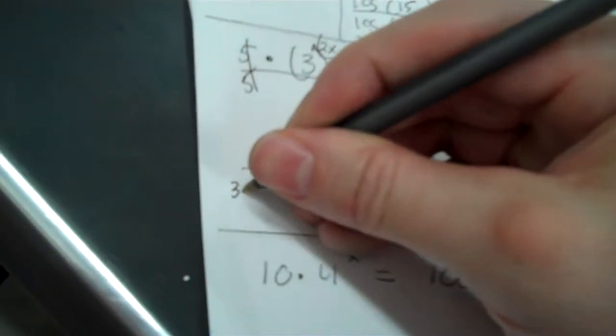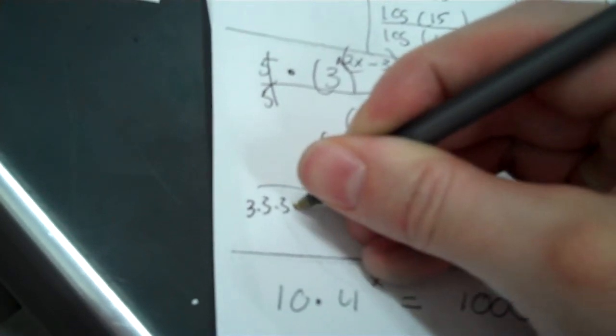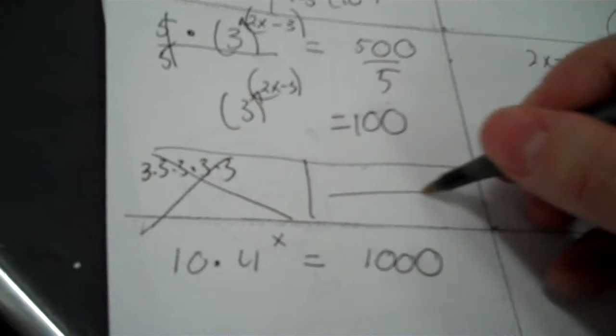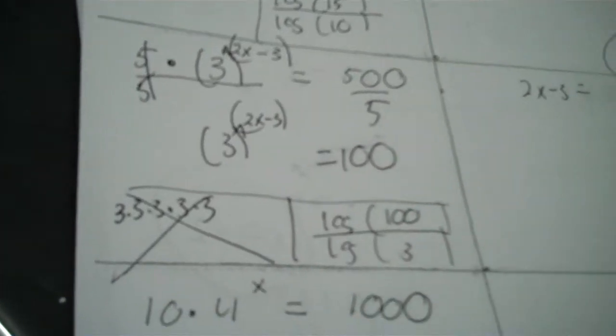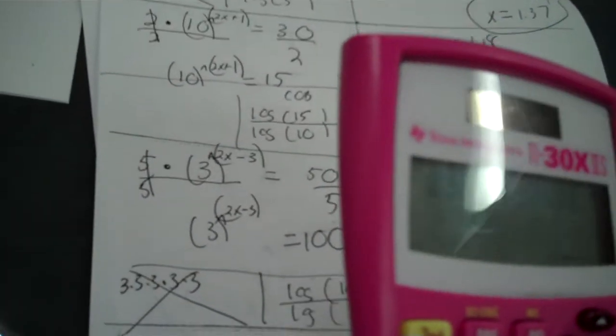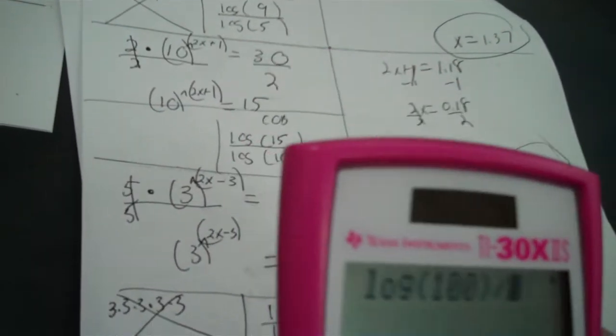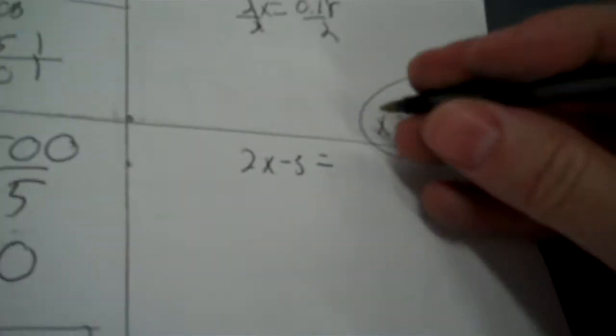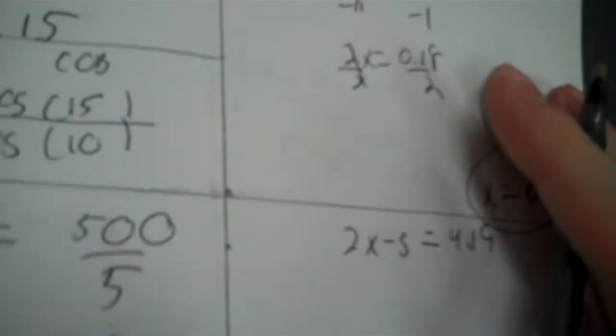So multiplying 3's out to 100: 3, 9, 27, 81. Over 100, so that way it doesn't work. So 3 on the bottom, 100 on the top. 0.19. So that's what the power is equal to.